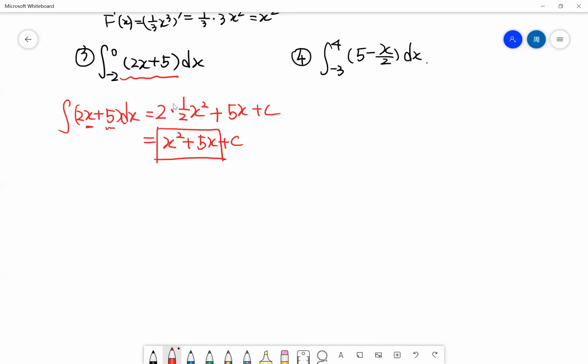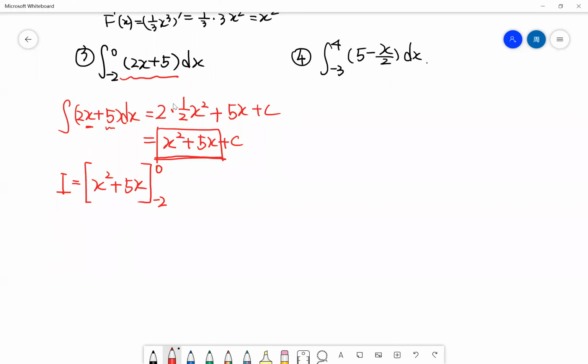So for number 3, the definite integral: you first find one antiderivative, x squared plus 5x, right? And then we substitute the lower limit and upper limit. So you can use a symbol here, and we write -2 lower and 0 upper.